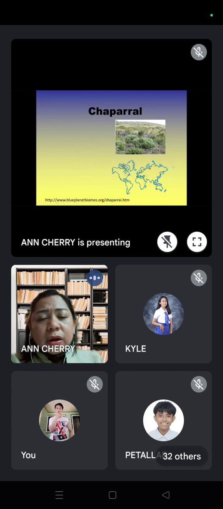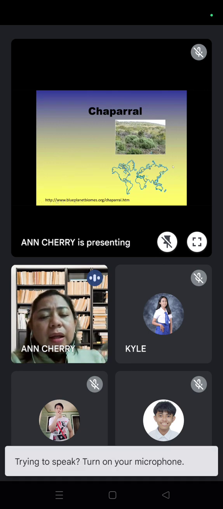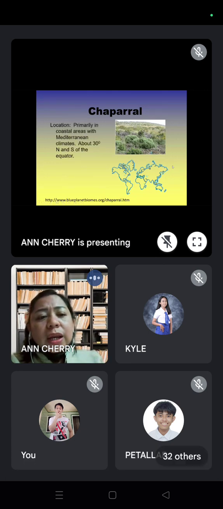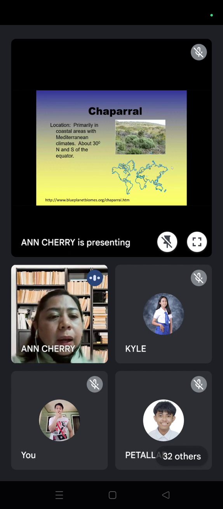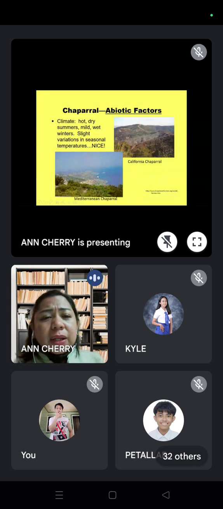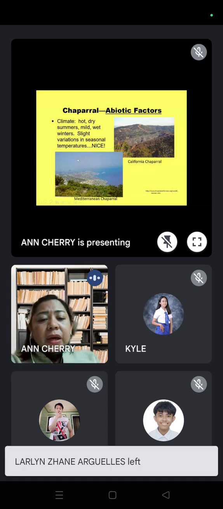The chaparral, on the other hand, is a transition between grassland and forest. They are primarily found in the coastal areas of Mediterranean climates. They are hot and dry in summers, mild and wet in winter, so there are slight variations in seasonal temperature.